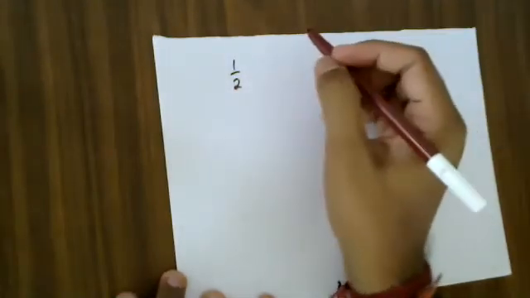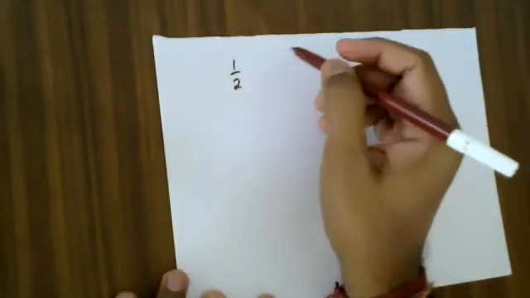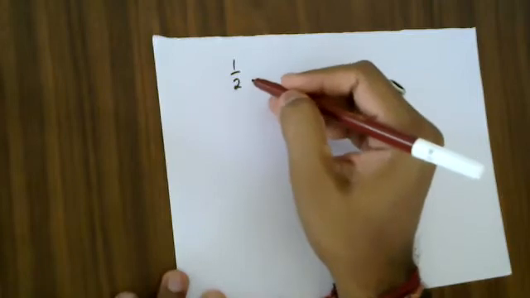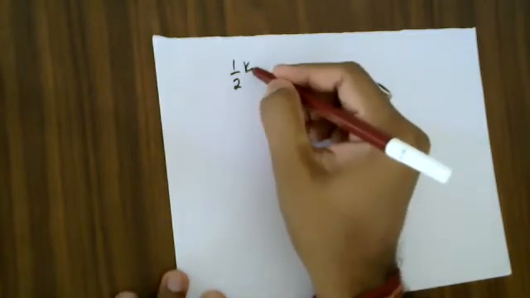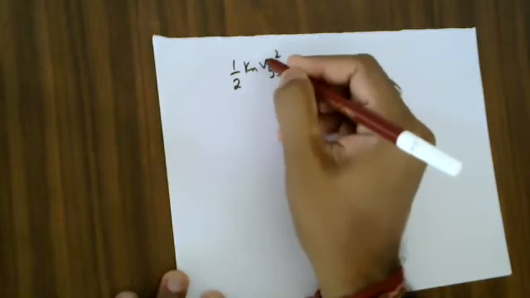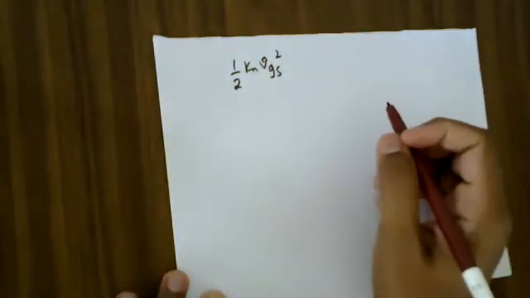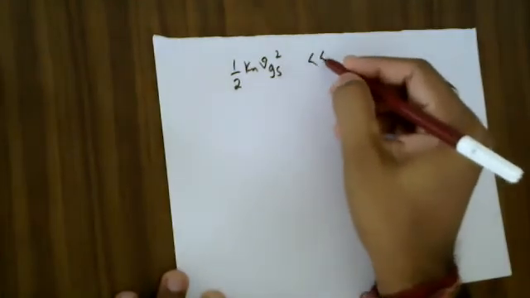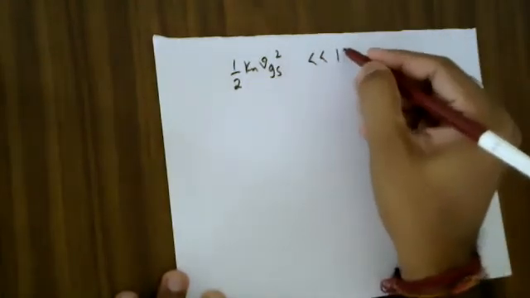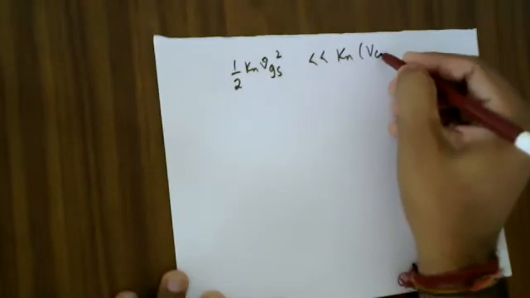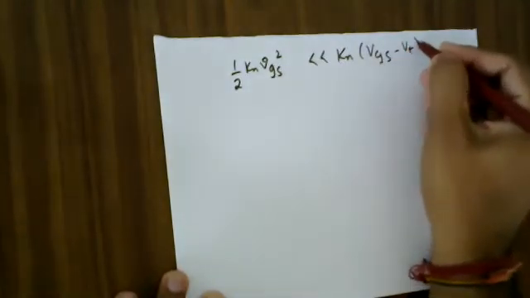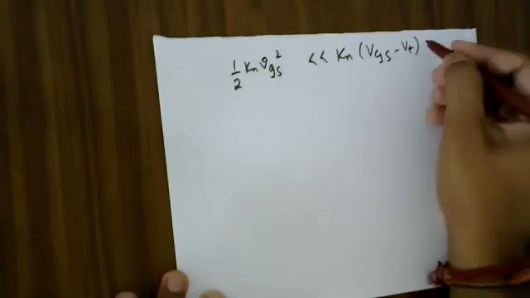If I want to eliminate the distortion in the output signal, I need to make sure that 1 by 2 times Kn into vgs square, the distortion component, is much less than Kn into (VGS minus VT) into vgs.